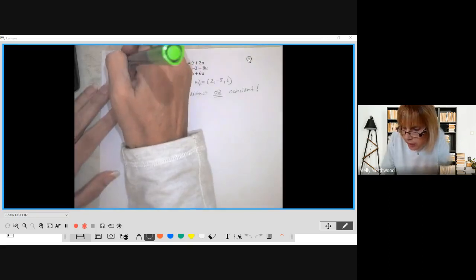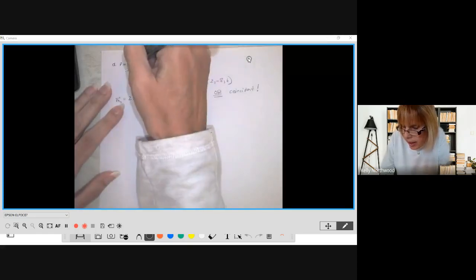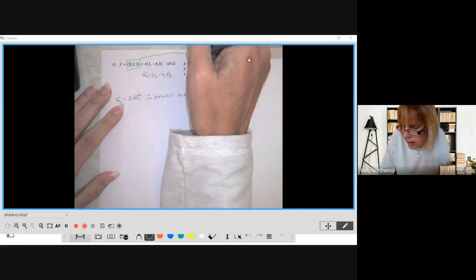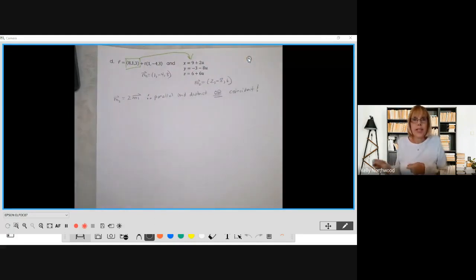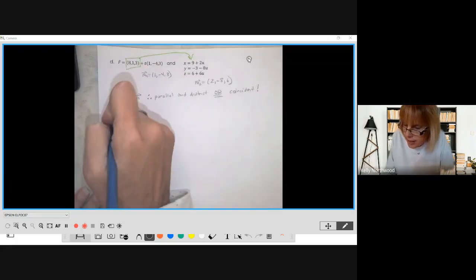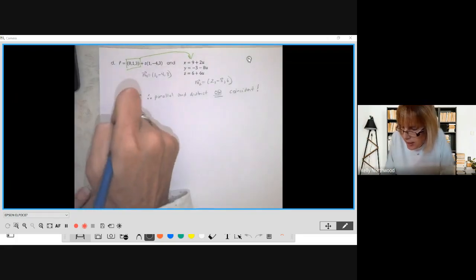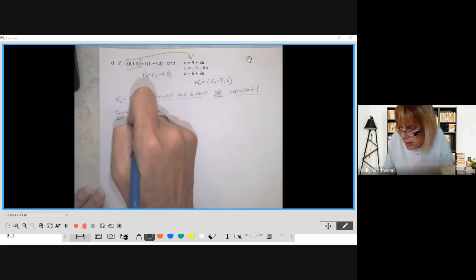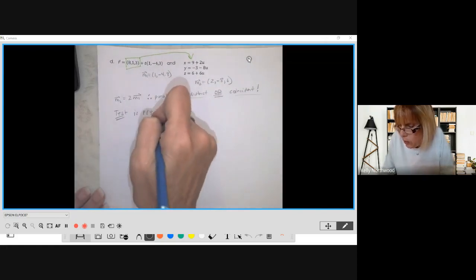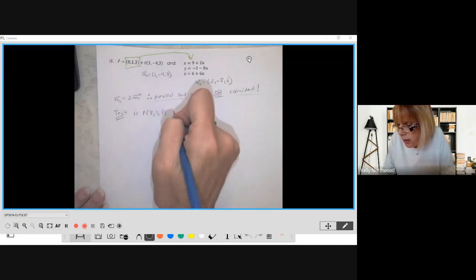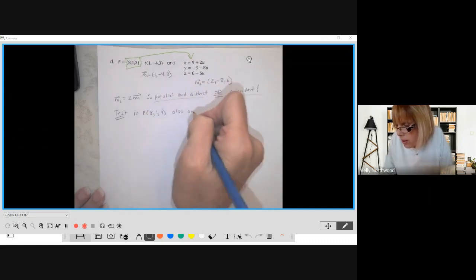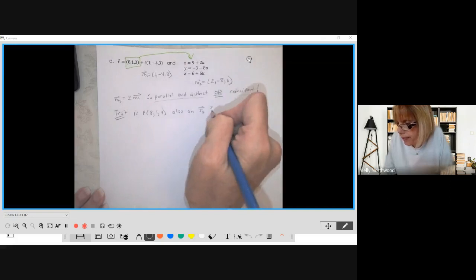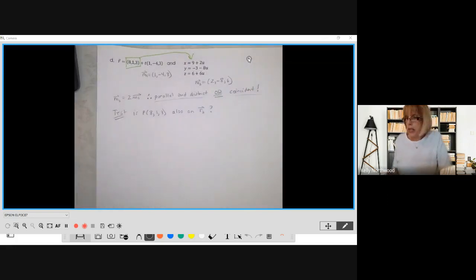So it's going to be great if we test if this point happens to be on this line. Does everyone see that? So our test to tell the difference between these 2 is going to be, is the point 8, 1, 3 also on R2? And then I'm going to spread my 3 parametrics out horizontally.